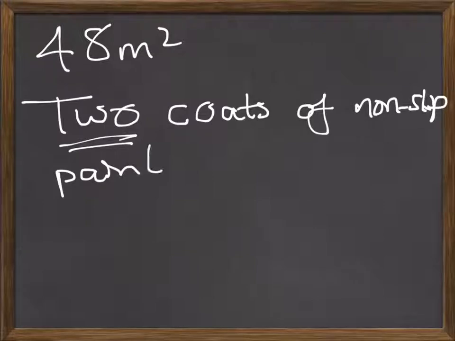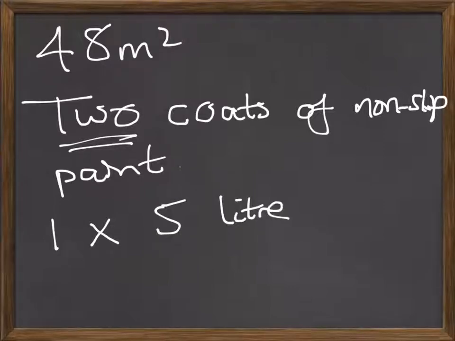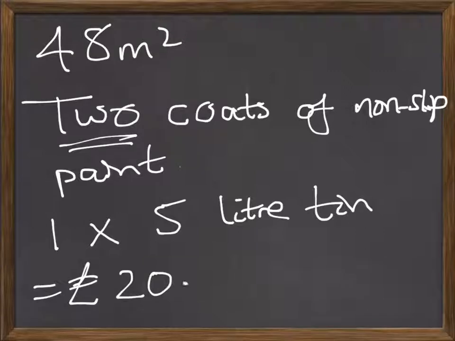Okay, right, not the best writing, but it needs 2 coats of non-slip paint, and they are saying that 1 5-litre tin of this non-slip paint costs £20.83 without VAT.